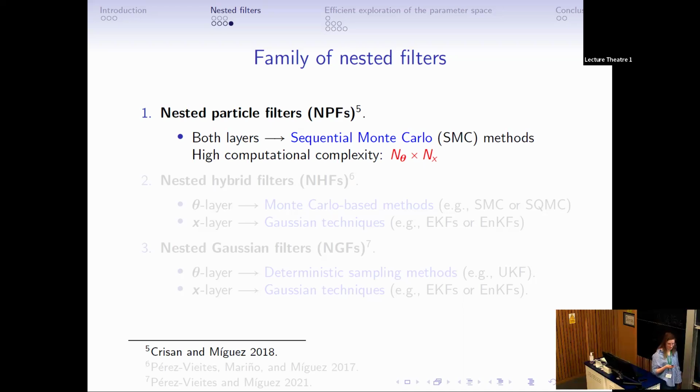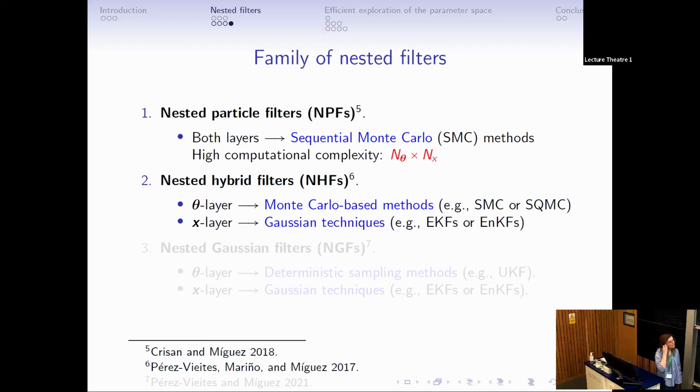So the next works we have done are related to trying to reduce this a bit. Another way to go is trying to implement other types of filtering methods in the different layers.